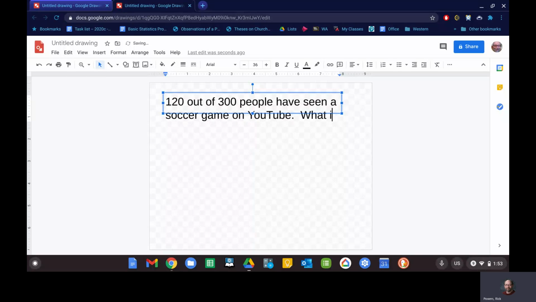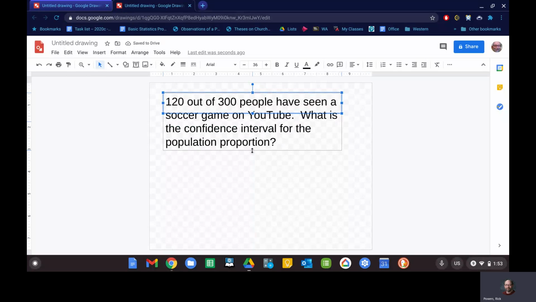So then what is the confidence interval for the population proportion? So if I'm looking at this and I say, okay, my sample was 120 out of 300.